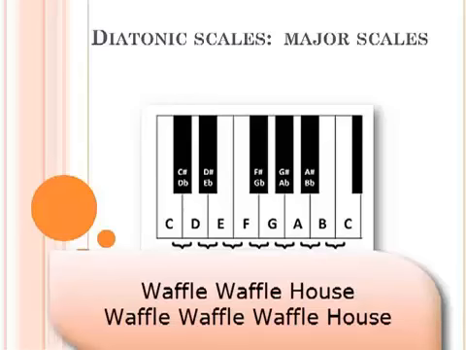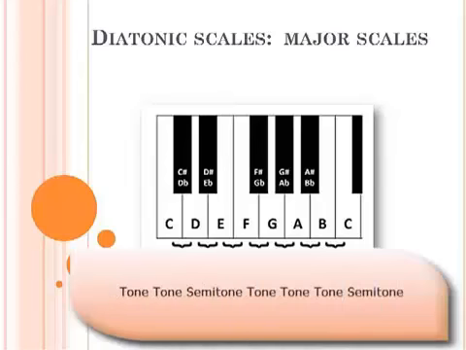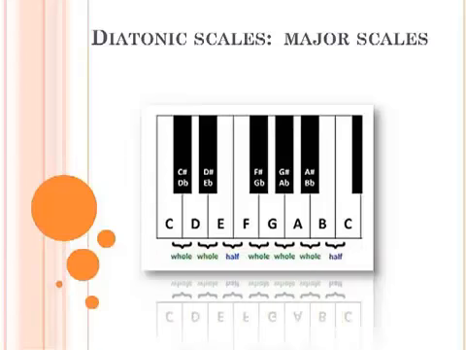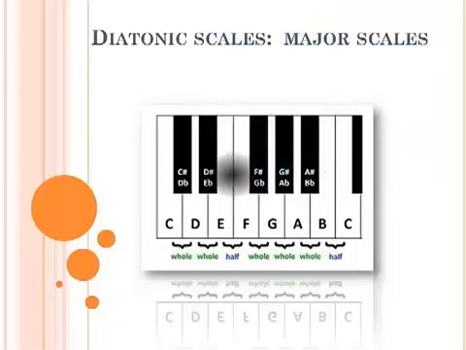Will that help you remember? If you're used to using tones and semitones, the order is tone, tone, semitone, tone, tone, tone, semitone. This is why we need key signatures. The key signatures ensure that the order of tones and semitones, or steps and half steps, work no matter what key you begin on.